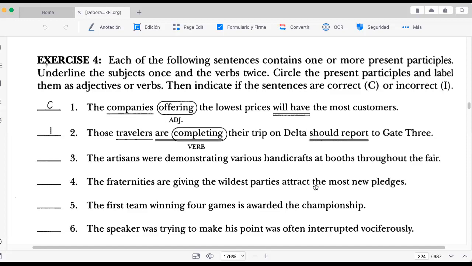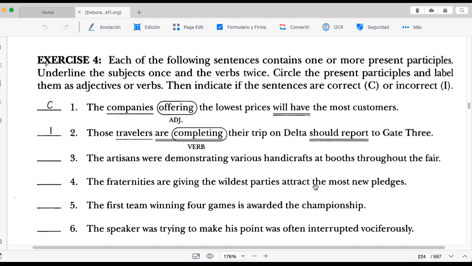And it's happening right now. Remember, sometimes we are going to check one mistake because both verbs are not at the same time. It will be another way to find that this is not correct.